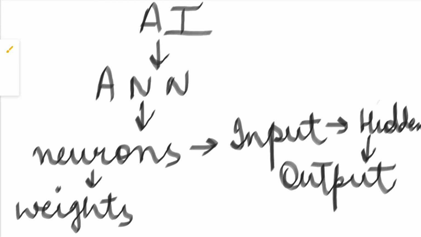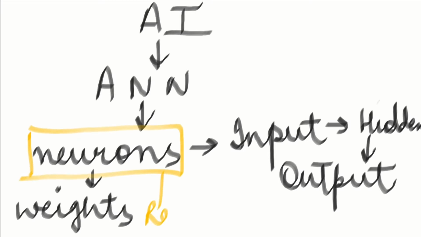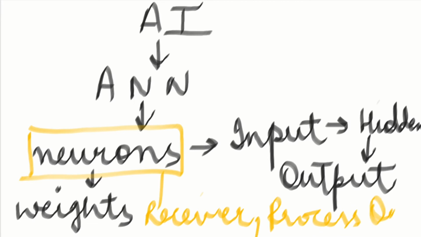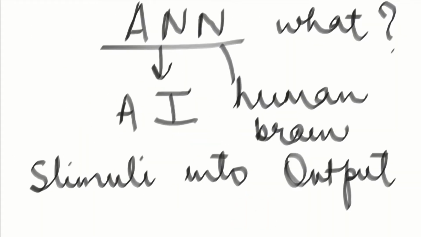Therefore, this neuron acts as a receiver, processor, and output. So everything deals here with these neurons, which is the crucial part of ANN. So what is ANN? It is a branch in artificial intelligence. It works like a human brain, like a combination of processing the stimuli into the output.